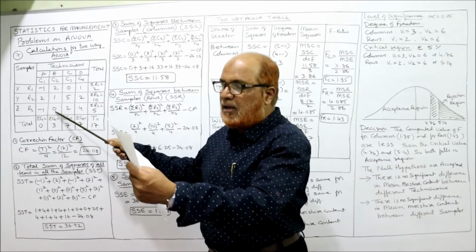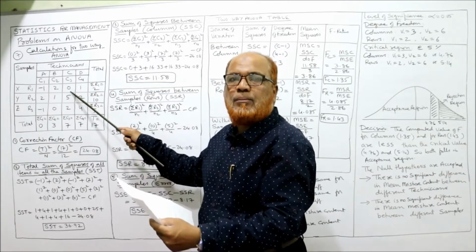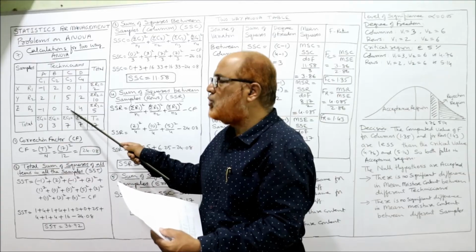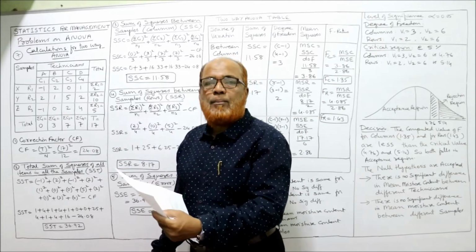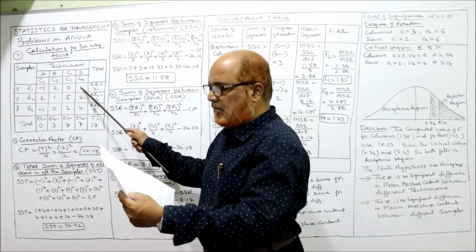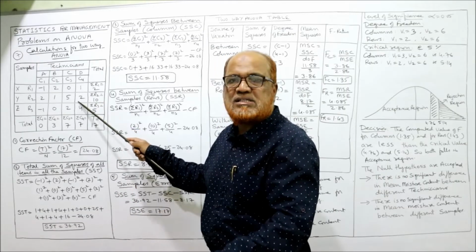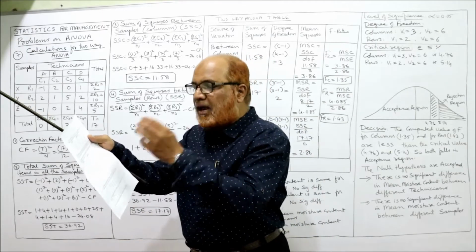B is over. Now C: 10 minus 10 is 0, 15 minus 10 is 5, 12 minus 10 is 2. C is completed. Then D: 11 minus 10 is 1, 12 minus 10 is 2, 14 minus 10 is 4.